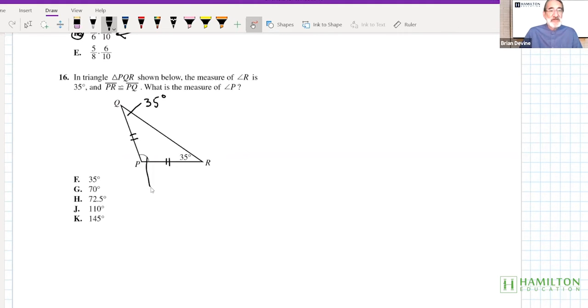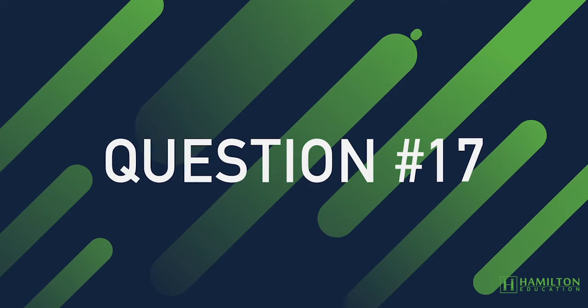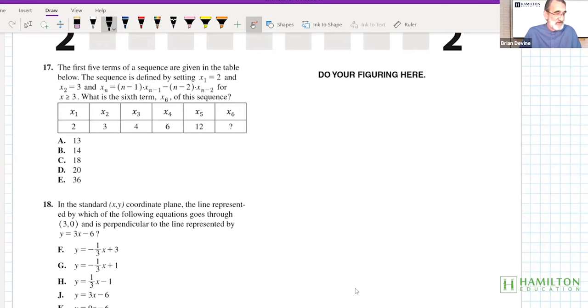And this angle here must be 180 minus 35 plus 35, which would be 110 degrees. This used the fact that the sum of the three angles in a triangle is 180. And in an isosceles triangle, if we know one base angle, we know the other, and thus can find the vertex angle, 110.